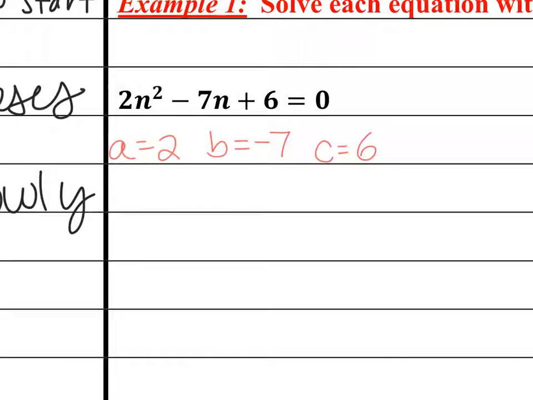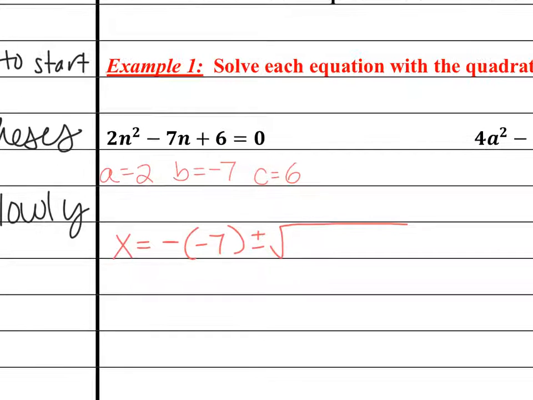We're going to use parentheses as often as we deem necessary. Probably anytime you put a number in, we're going to use parentheses. x is equal to the opposite of b. So notice I did -7. So -1 times -7, plus or minus the square root of b squared.